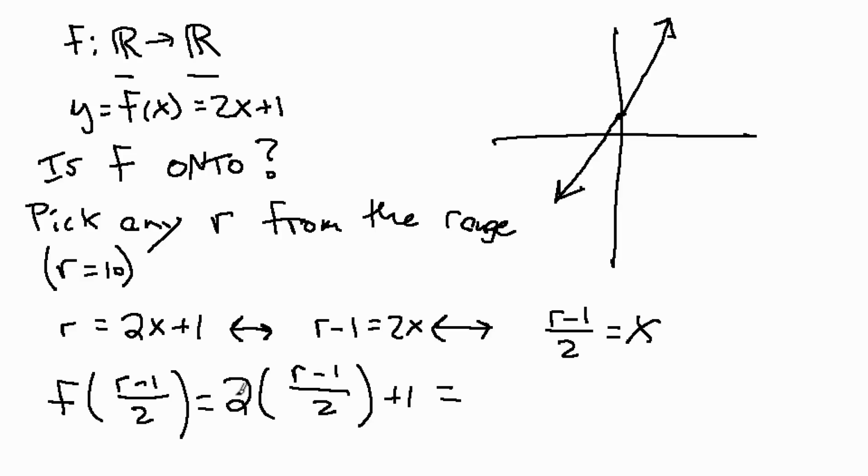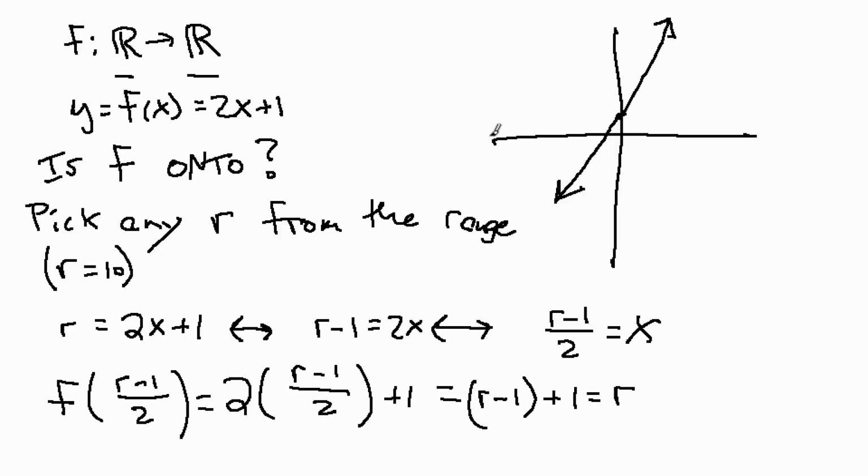Well, the 2's are going to cancel each other out. That's equal to r minus 1 plus 1, which is equal to r. And notice I can do this for any real number I like. So the point is that this is onto.